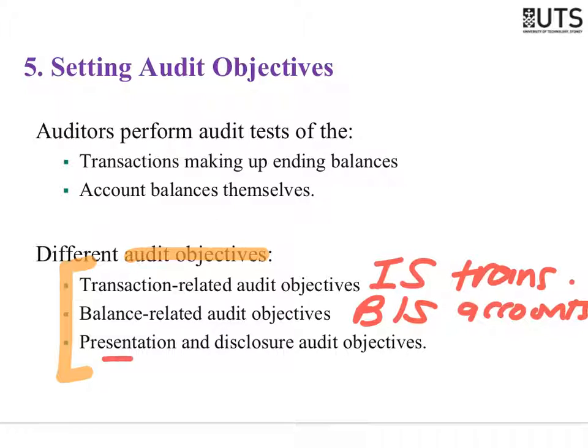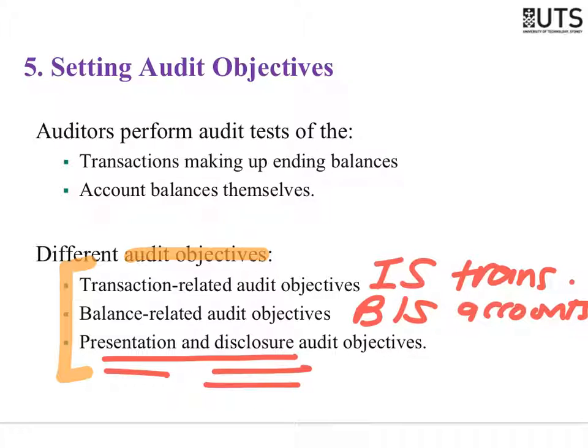The final one is presentation and disclosure. Now, this one's interesting. When you step back, we don't just look, like I said at the very beginning of the class today, at the numbers in the balance sheet and the income statement. We look at the whole financial report. That includes the written disclosures. So this third category focuses on how the financial report has been presented and how the disclosures have been included.